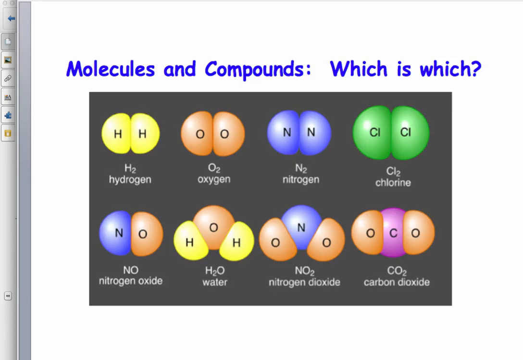So we have particles, molecules that are bonded together that have only atoms from the same element bonded together, like you see across the top, across this way.